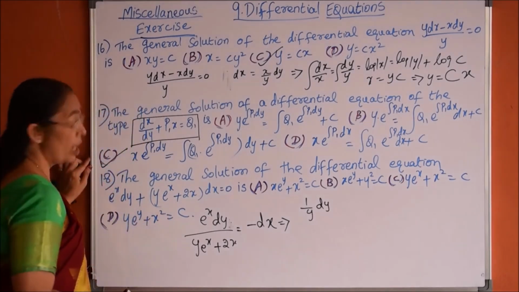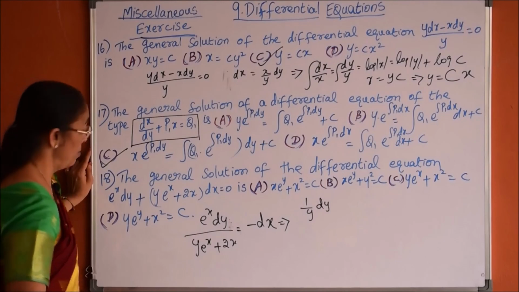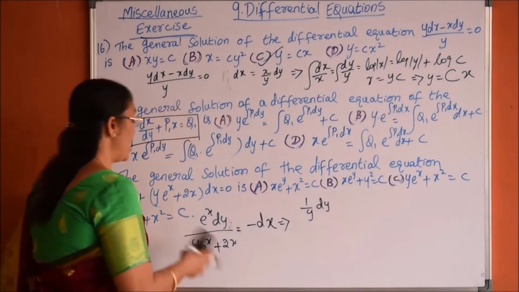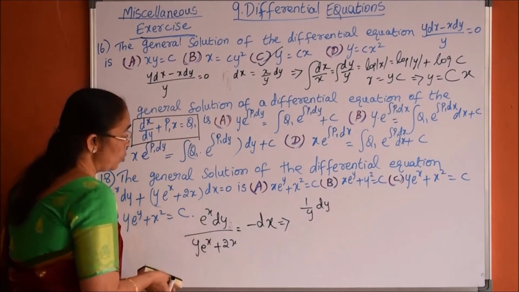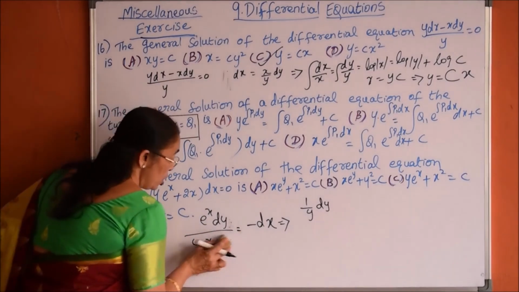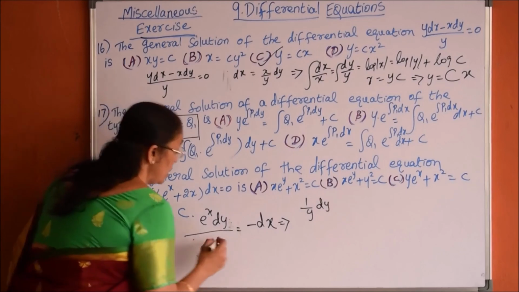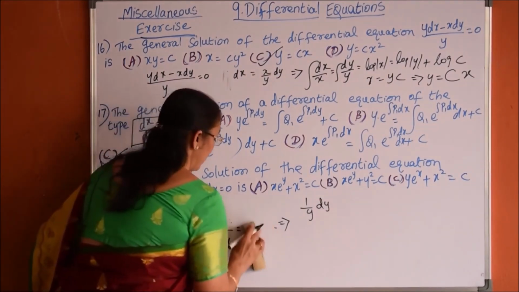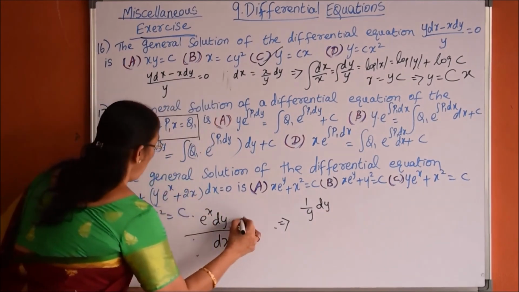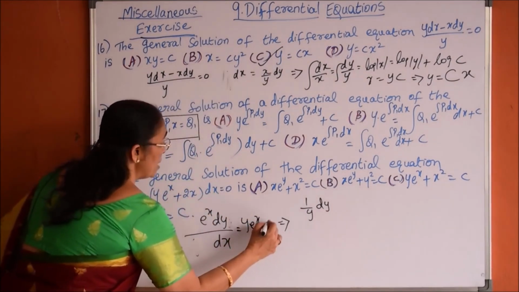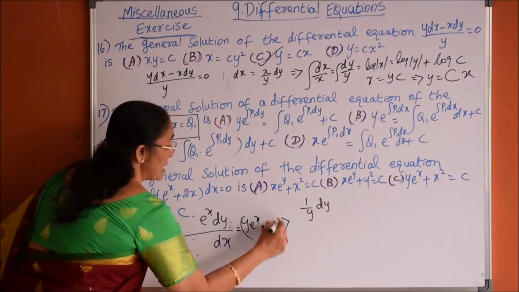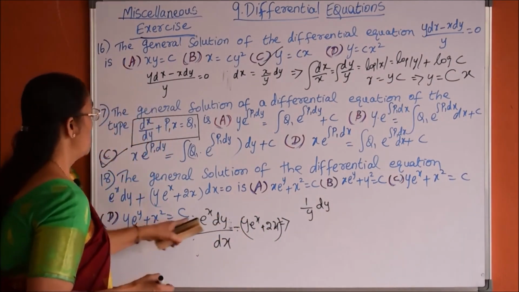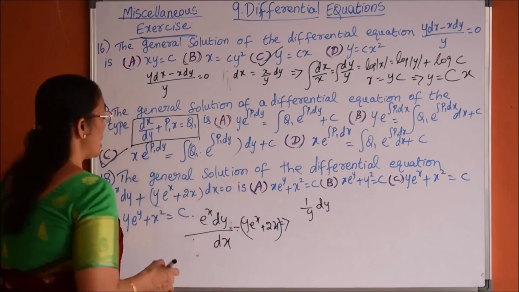Let us try for linear differential equation form. So for linear differential equation form, let me first write what is dy by dx. So let me write this dx here and these terms on the right hand side. So terms are y e power x plus 2x, and one negative sign is there outside. So we can divide throughout by e power x.